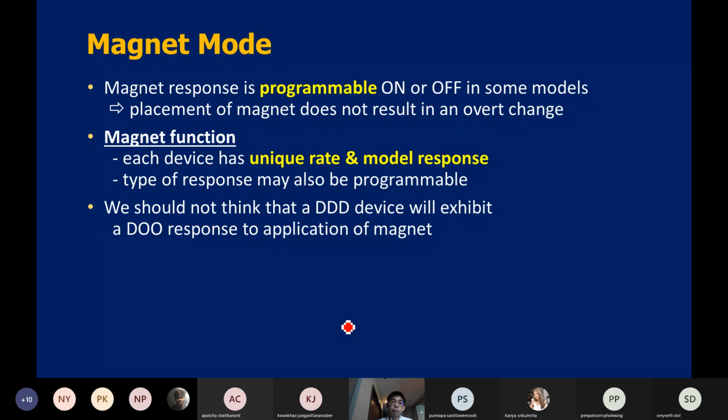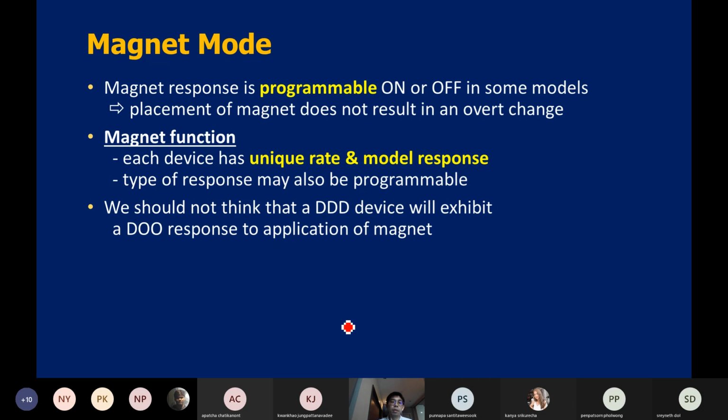You have to be aware that the magnet function in each type of device has a unique rate and mode response, and the type of response may be programmable on the pacemaker. We should not assume that a DDD device will exhibit a DOO response on application of the magnet, because, for the reason I mentioned above, each device has a unique rate and function and mode.